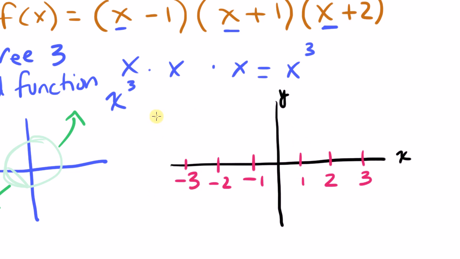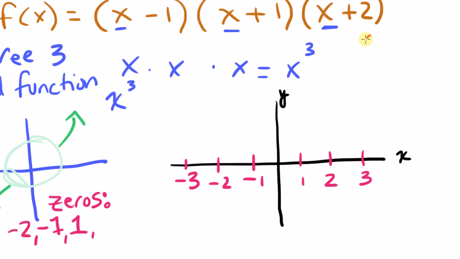So my zeros are going to be x minus 1 is 0, so 1. My next zero is going to be, I'm sorry, it actually should be -1, comma 1, comma, and then -2.